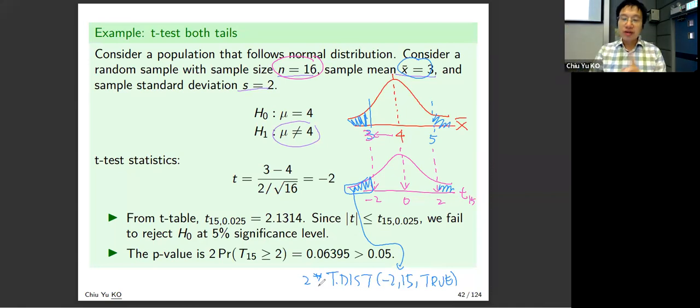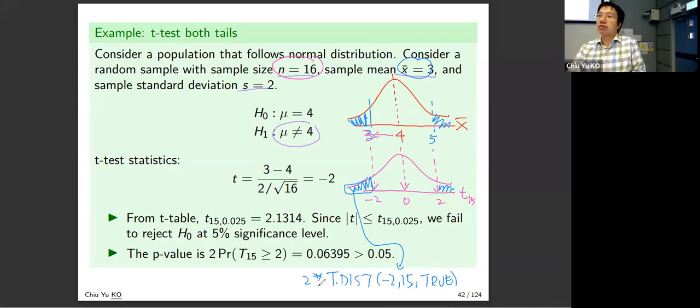Well, you should be able to tell from the question, because if it isn't stated otherwise, it's always meant to be two-sided. Usually, if I look at the past sample questions or the sample question in the lecture notes, it will say, we want to test the hypothesis whether the population mean is equal to 4 or not.